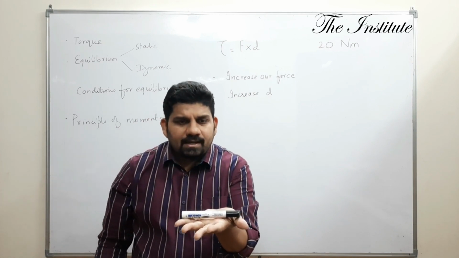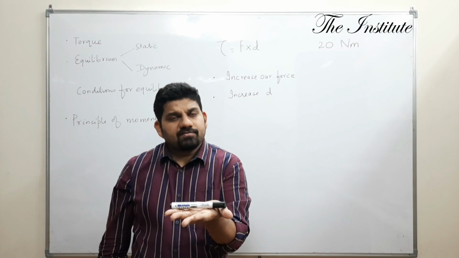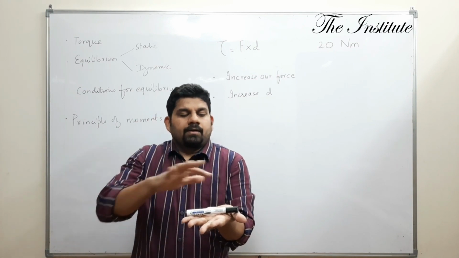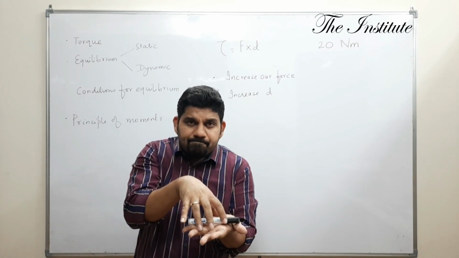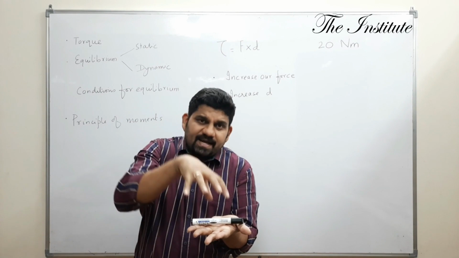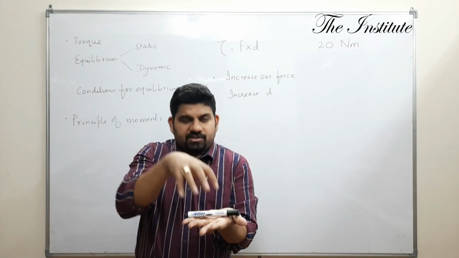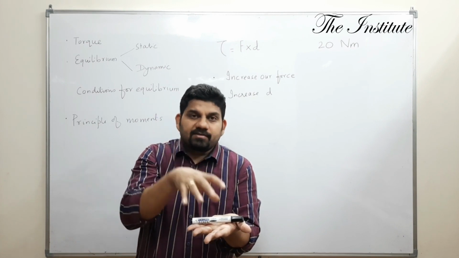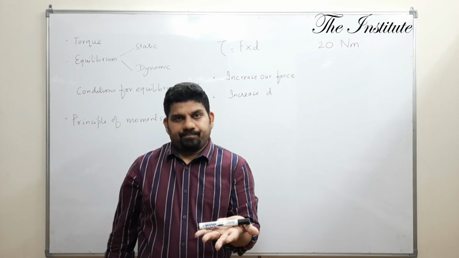Now, do you think this object will come in motion because of that? No. A number of forces are acting on this body, but this body was at rest and still is at rest. So this body will be in equilibrium. And because it was at rest, we call it static equilibrium.